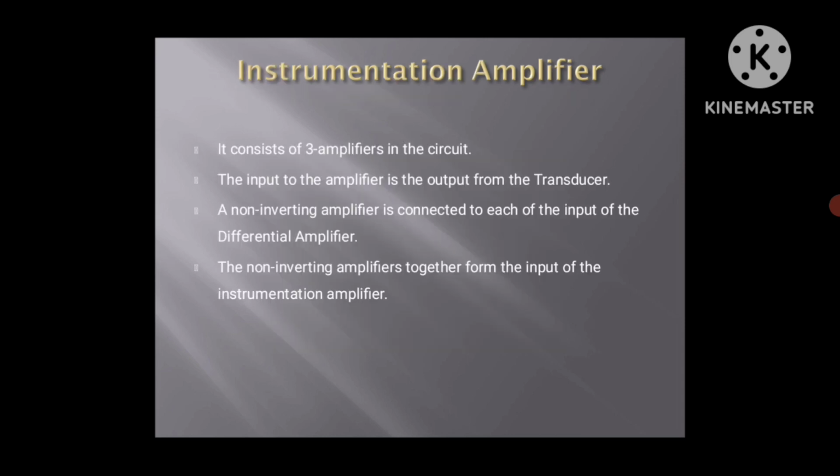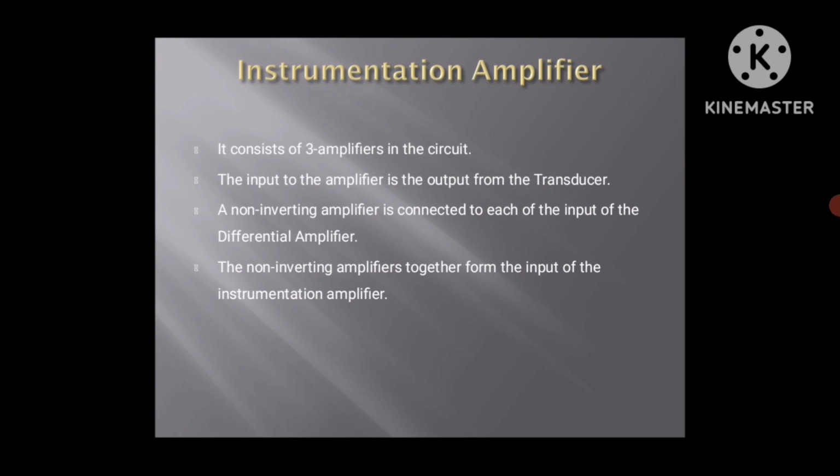Next we are going to see the instrumentation amplifier. It consists of three amplifiers in the circuit. The input of the amplifier is the output from the transducer. A non-inverting amplifier is connected to each input of the differential amplifier. The non-inverting amplifiers together form the input stage of the instrumentation amplifier.